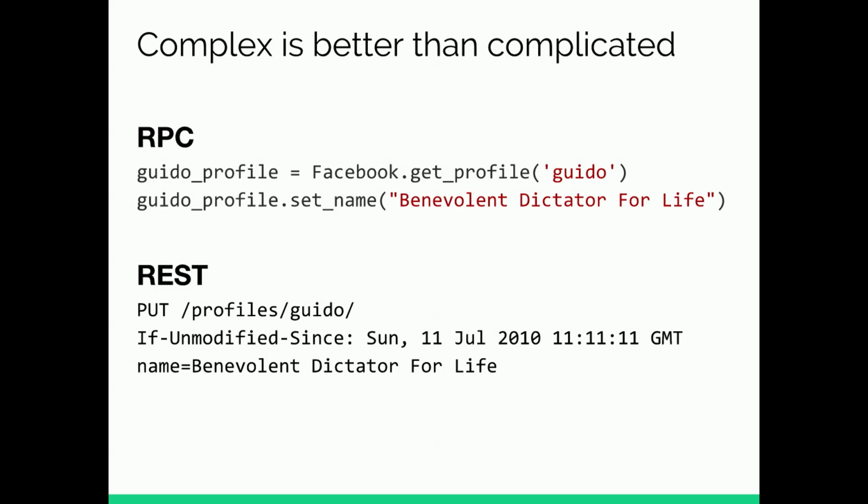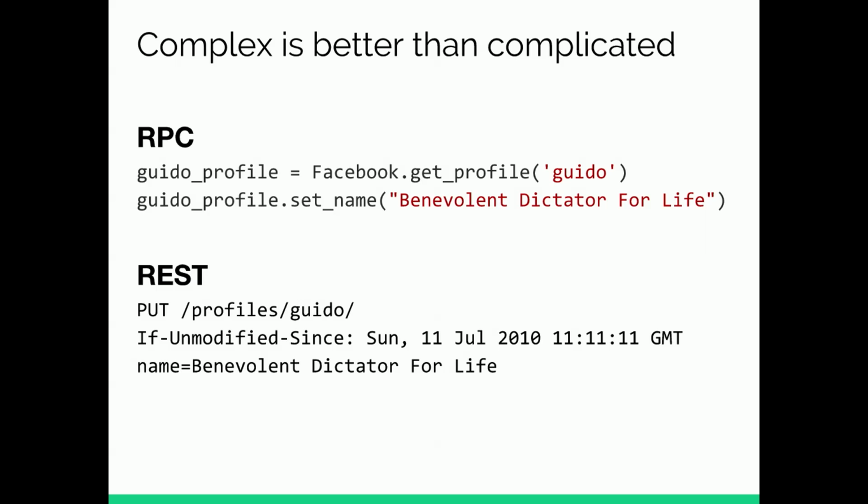REST assumes that you are in a client-server model, and assuming that, it gives you constraints, gives you things to prevent concurrent modifications, like if-unmodified-since. So this way you can modify Guido's profile only if it hasn't been modified since this date. And this is optimistic locking, and it's a good solution for the problem of concurrent edits.